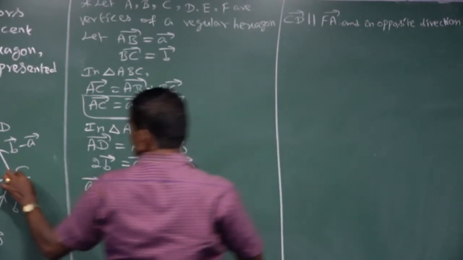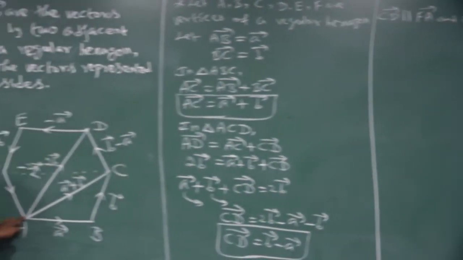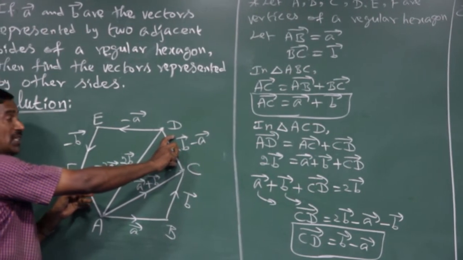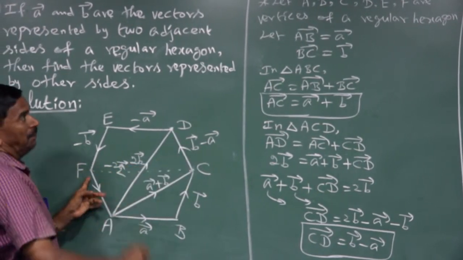You see, CD vector and FA vector are equal in magnitude but opposite in direction, and they are parallel.